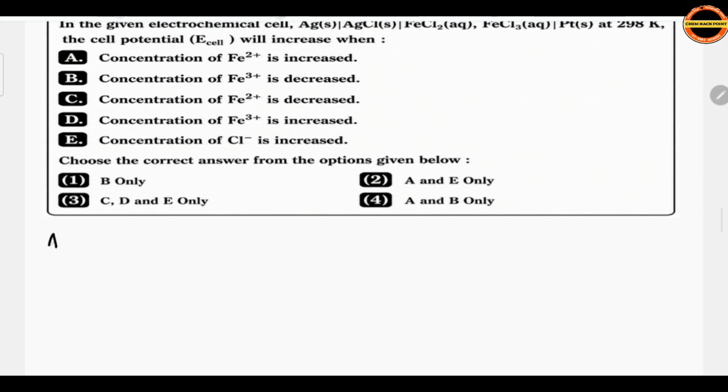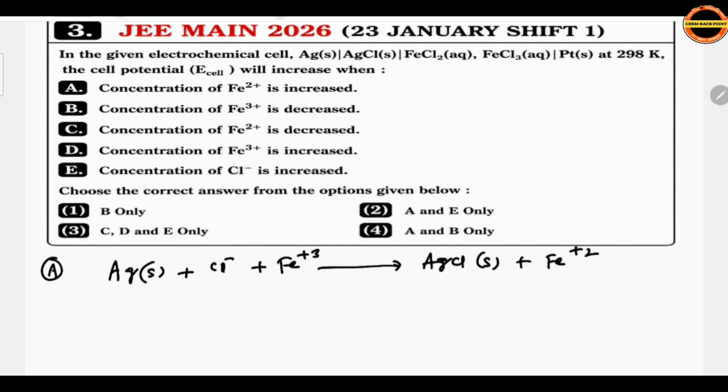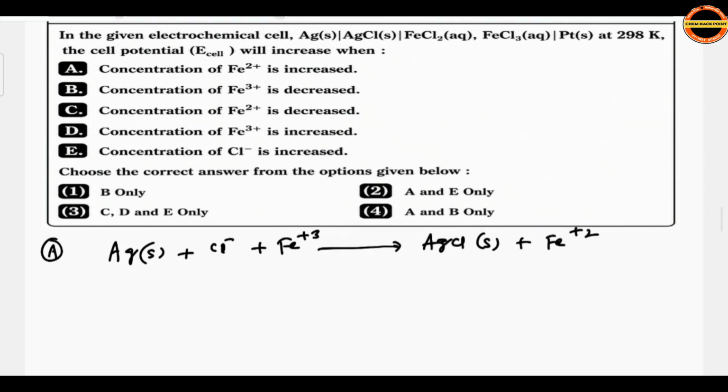According to the given cell, Ag solid plus Cl minus plus Fe plus 3 gives AgCl solid plus Fe plus 2. First it is oxidation, next it is reduction.